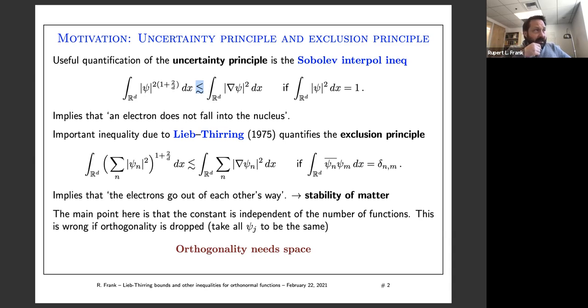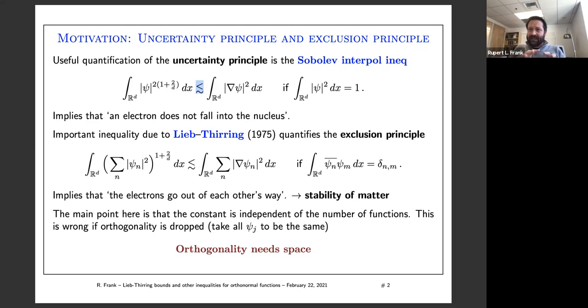Okay, and so I want you to remember from high school chemistry the atomic orbital model, these pictures where you have these bubbles and you have the 1s and the 2s, 2p, 3s, 3p, 3d orbitals, right? As you go higher and higher up, these bubbles go in disjoint directions.